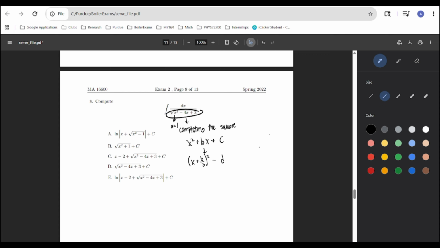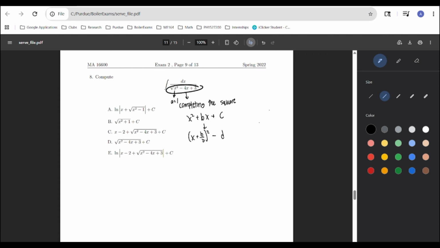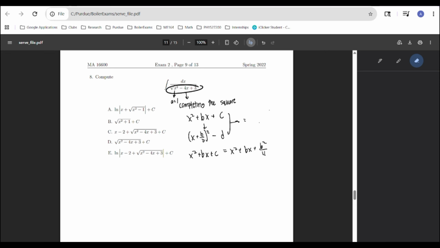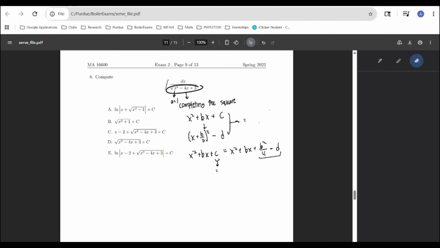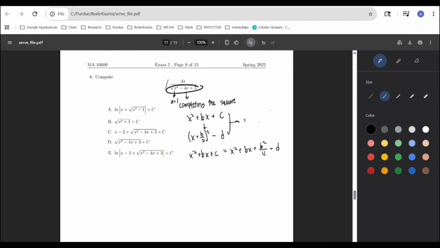The reason we need this constant is because these two should be equivalent to each other, but if we set them equal and expand everything, we get x squared plus bx plus b squared over 4. But b squared over 4 on its own is not equal to c, which is why we need to offset that by a constant d. So b squared over 4 minus d would be equal to c in this case. And that's the principle we're going to use today to solve this integral.